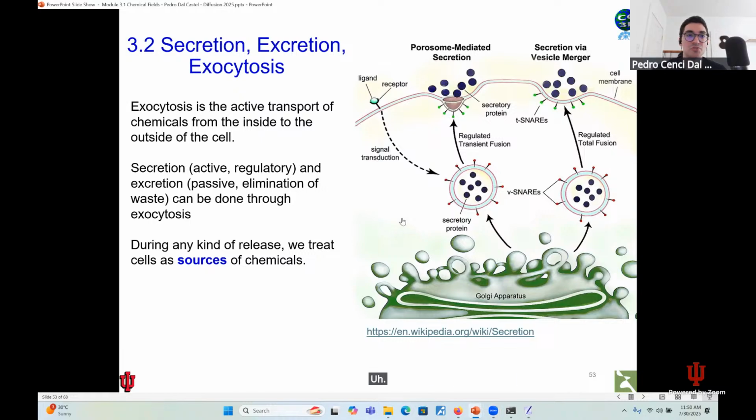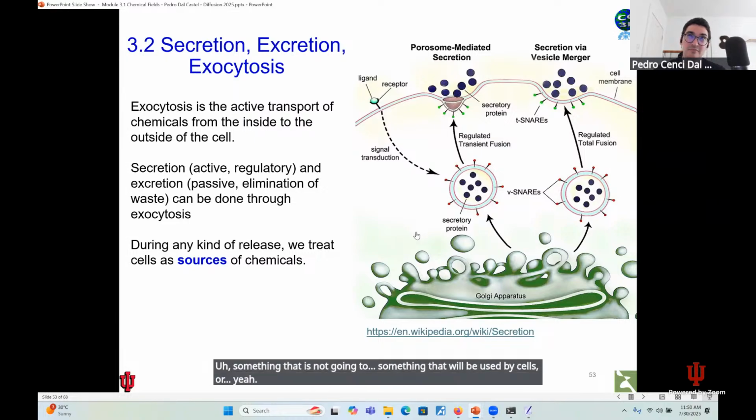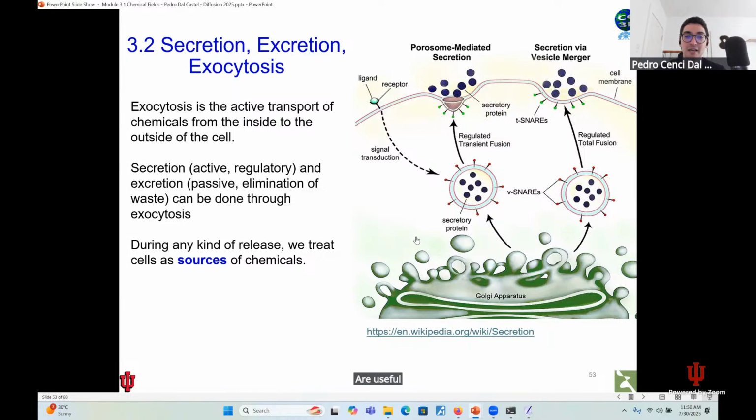These we use to model secretion, excretion, and exocytosis, which are different concepts. Secretion is when a cell produces a signal, something that will be used by cells, or is useful. Excretion is something that is waste. It is related to waste, something that the cells are not going to use anymore.